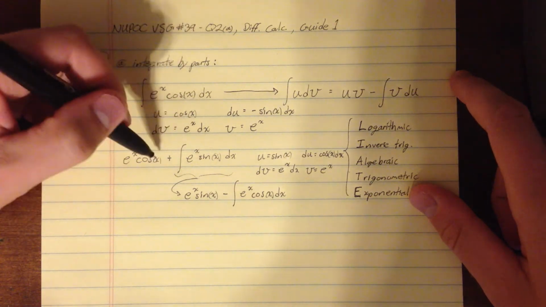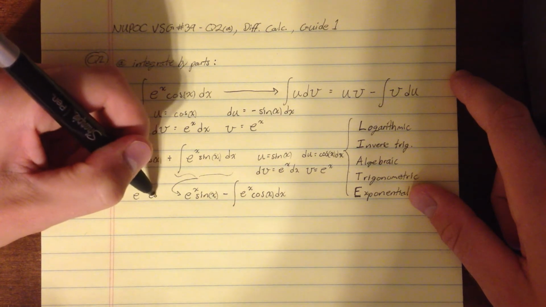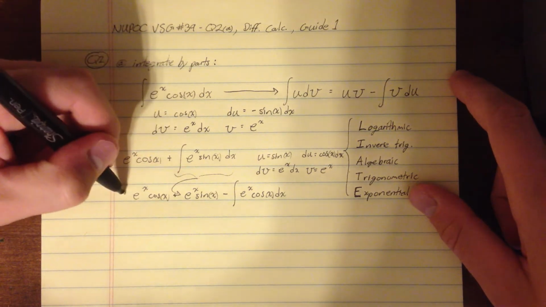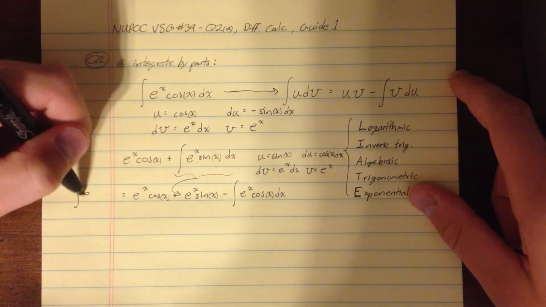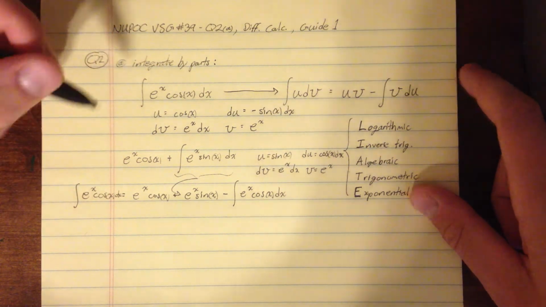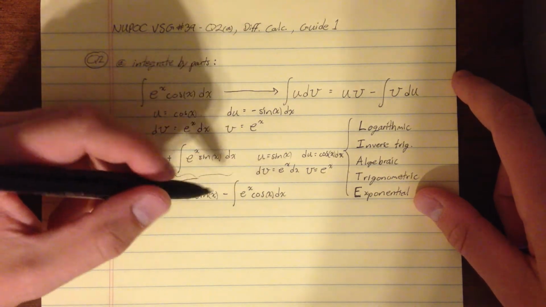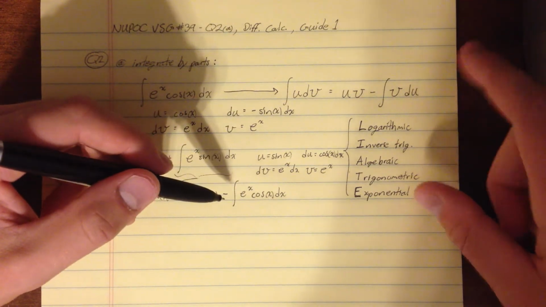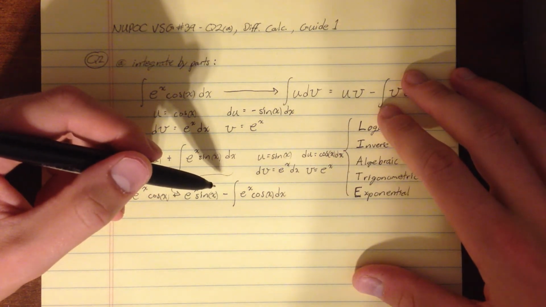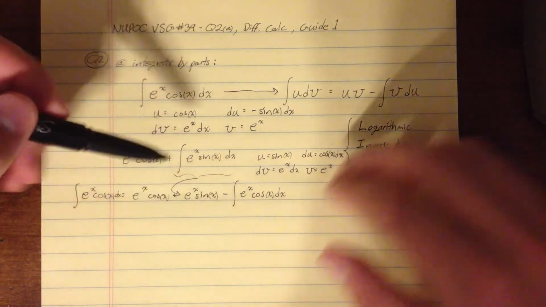So let's add in the term we got from the first integration by parts, e to the x cosine of x, and this is all equal to our original integral, e to the x cosine of x dx. You might say this is frustrating because now we have the same integral we started with, and we'll just keep going in circles. But there's an easier way to do this. When you end up in this situation, you just take this integral and move it to the other side.